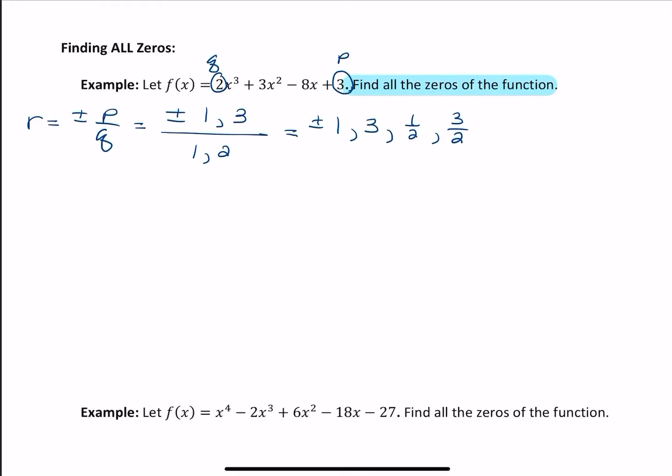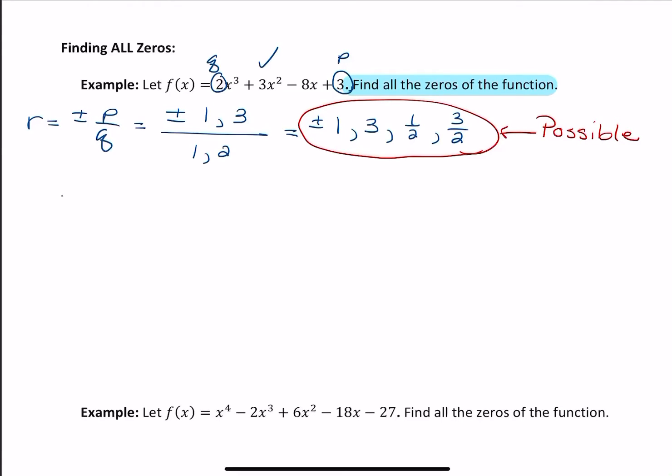Now this is where you just start guessing and checking with all your possibilities. So I'm going to take my function, make sure it's in descending order and there's no missing terms. So I'm good. It's got an x cubed, an x squared, an x, and then a constant.